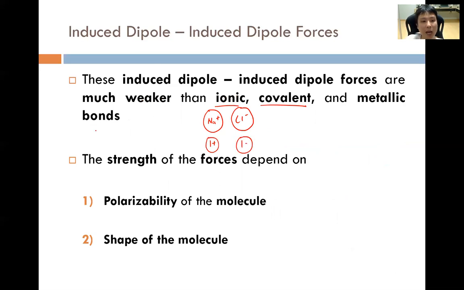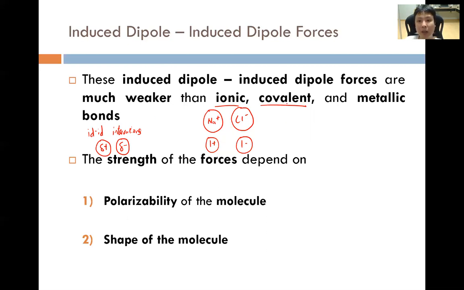The ID interactions, as we discussed just now, are between a partial plus and a partial minus charge, and of course, the magnitude of these charges is much smaller as compared to a full plus and full minus charge. That's the reason why the ionic bond is much stronger than the interactions in molecules that have ID interactions.